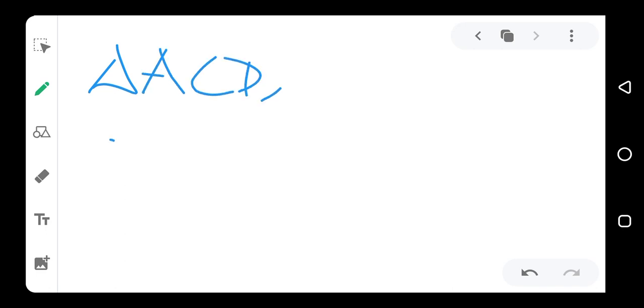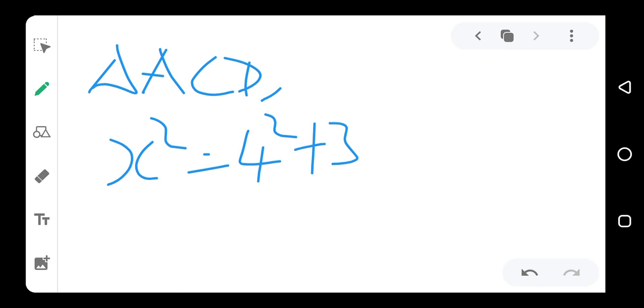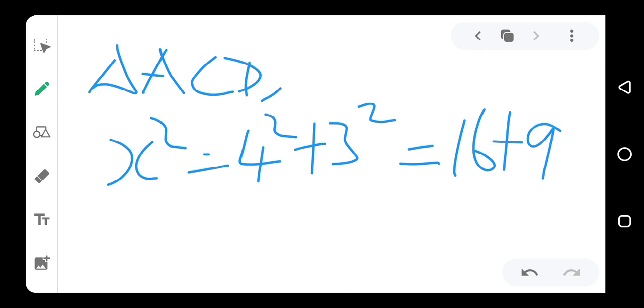For triangle ACD, we have that x squared is equal to 4 squared plus 3 squared. So this is equal to 16 plus 9, which is equal to 25.